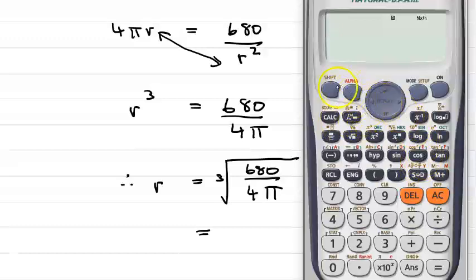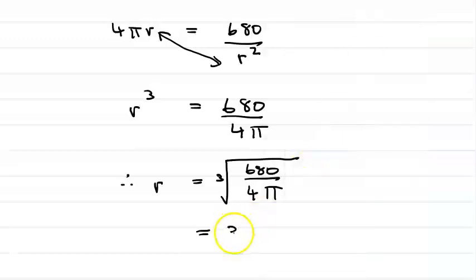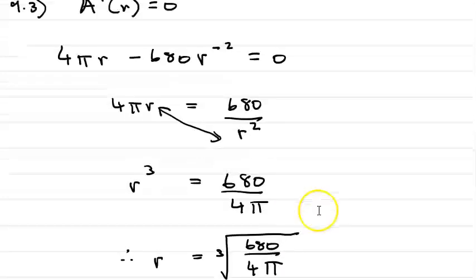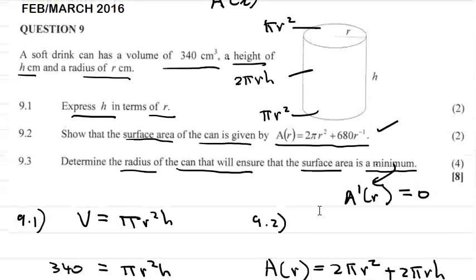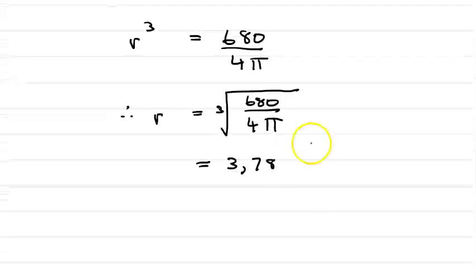Let's use our calculator. The cube root of 680 all over 4 pi equals 3.78, rounded off to 2 decimal places. And our units that were given to us are centimeters, so we write down centimeters.